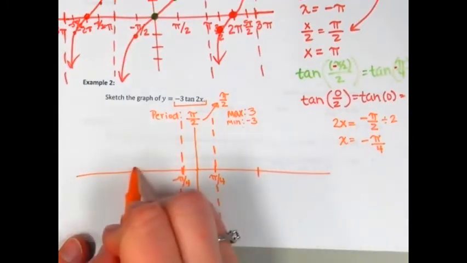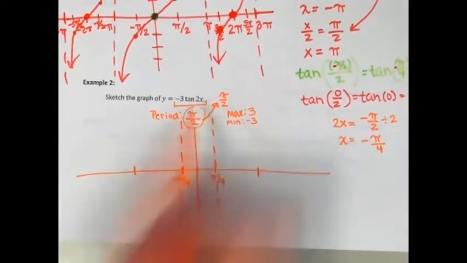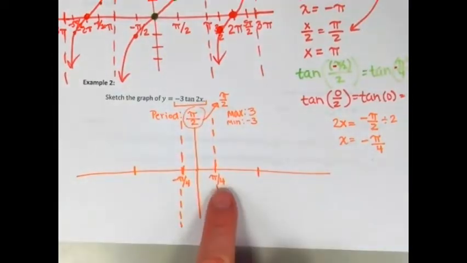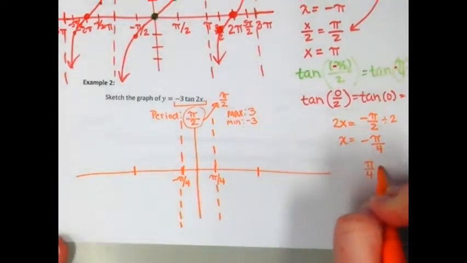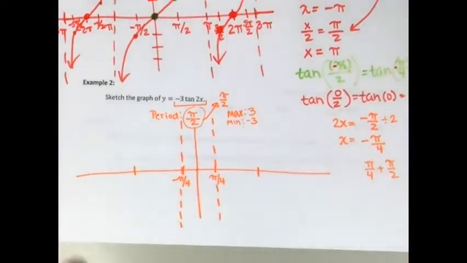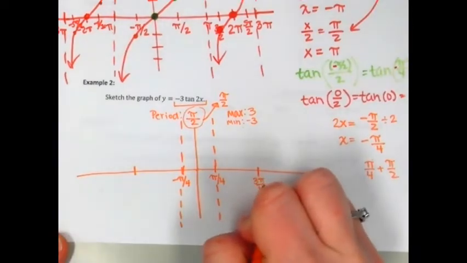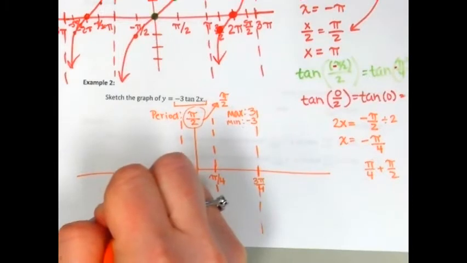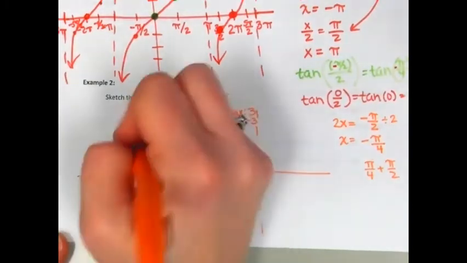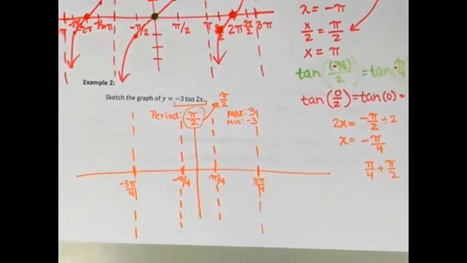Yeah, because what's my period? Pi over 2. What is pi over 4 plus pi over 2? 3 pi over 4. So we'd have one at 3 pi over 4, and backwards would be negative 3 pi over 4. Is everyone okay with that? Okay.